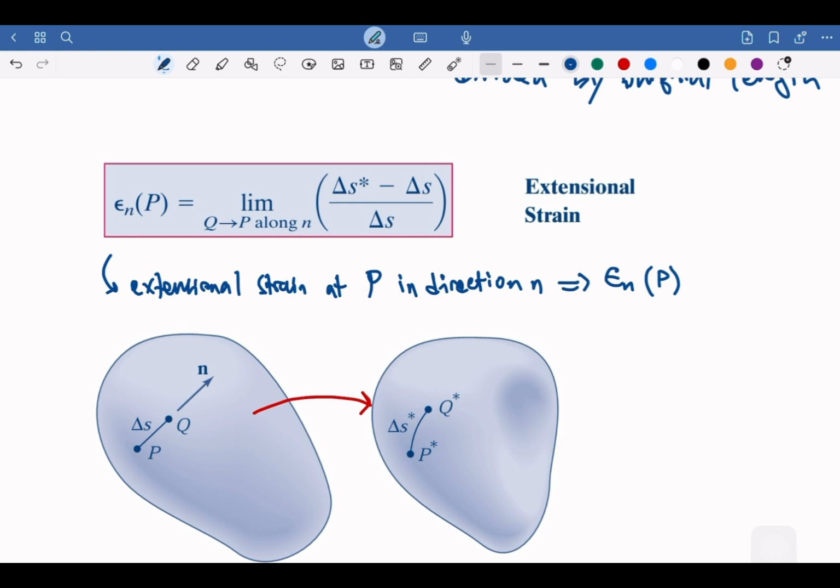As Q gets closer to P along the direction n, it means that Q and P get closer, which means that the length gets closer to 0.